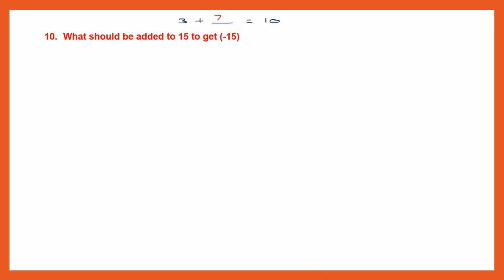Similarly, this number minus this number will give me the answer in the middle. So what do I have to say? I have to say negative 15 minus 15. Now this has become subtraction and we know how to do subtraction.